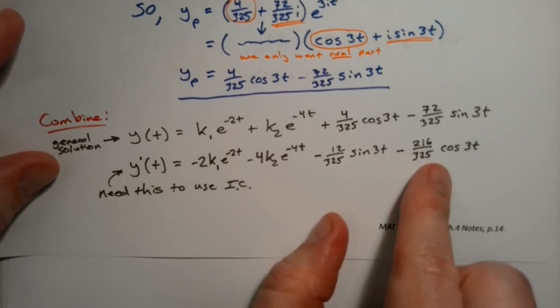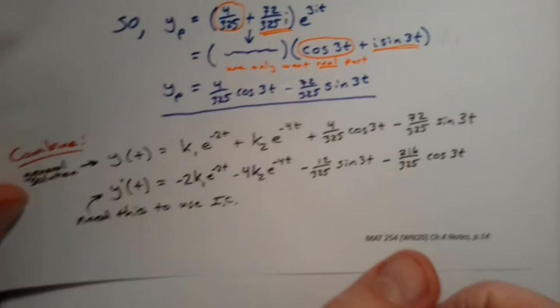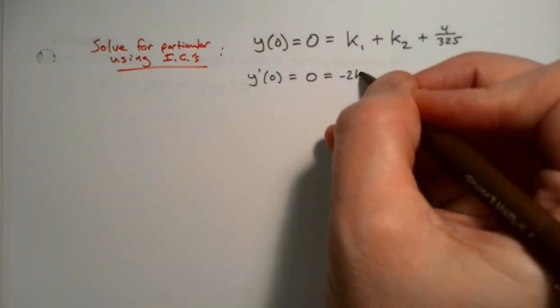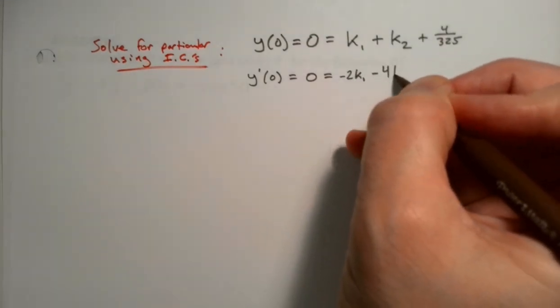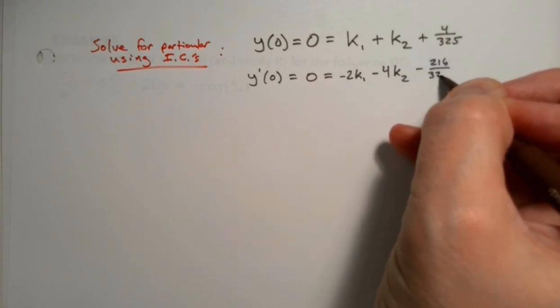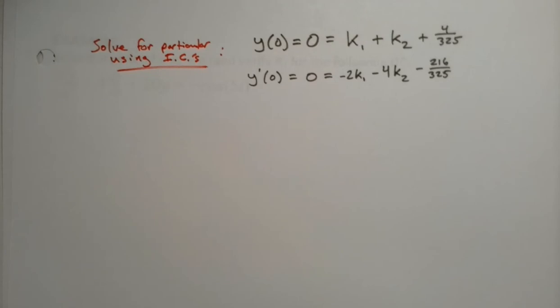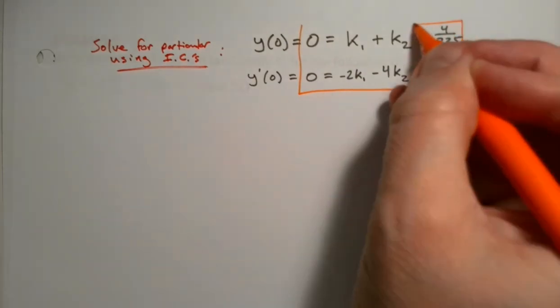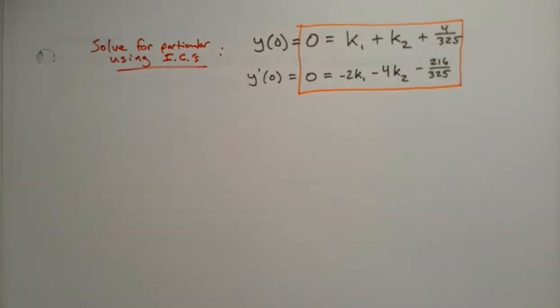And then I'm left with minus 216 over 325. So I'll have minus 2k1 minus 4k2 minus 216 over 325. So I have two equations that I need to be able to solve for my two constants, k1 and k2.